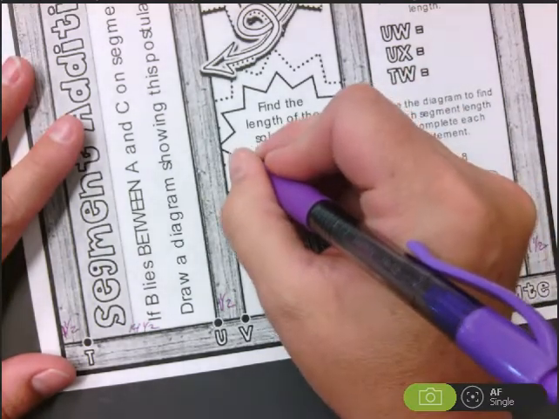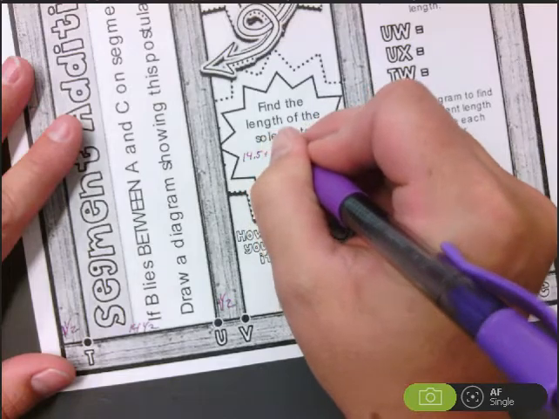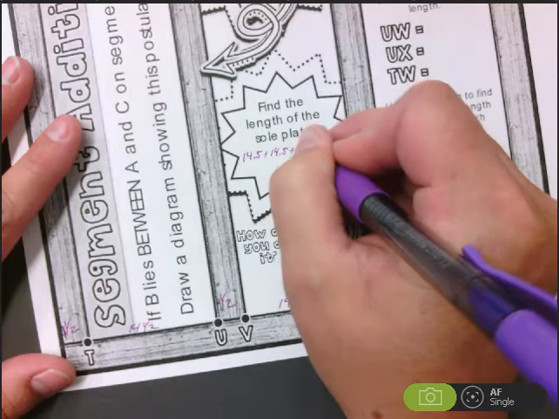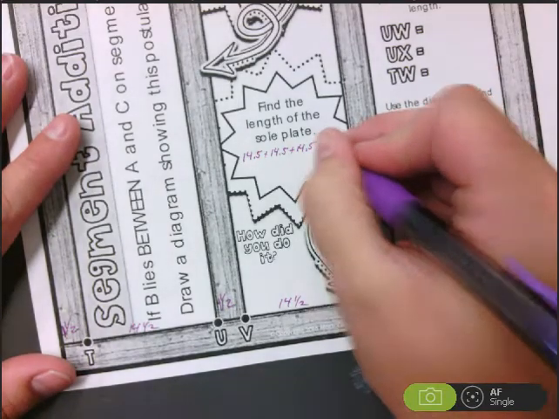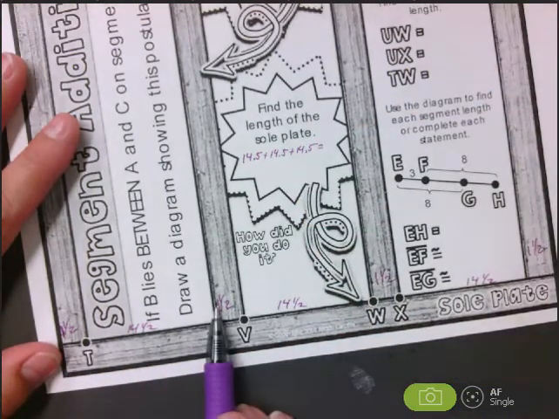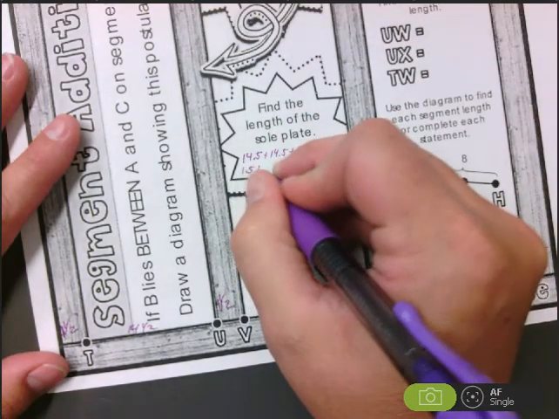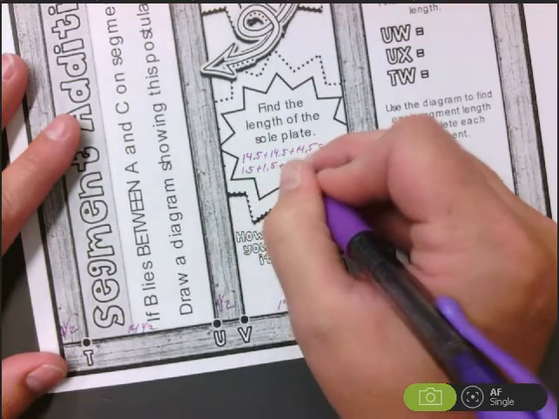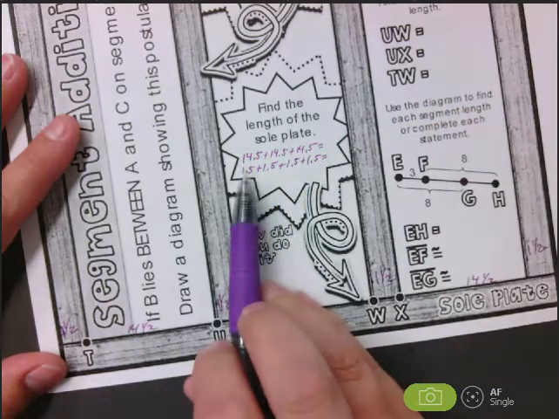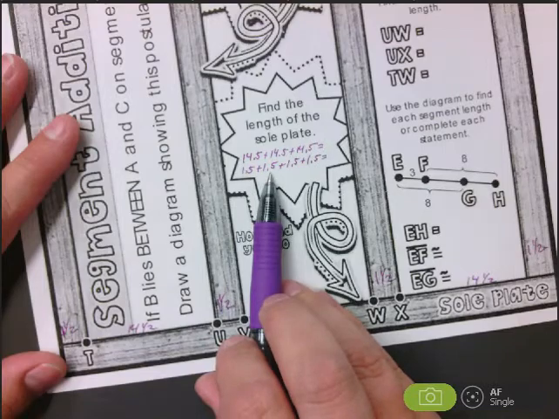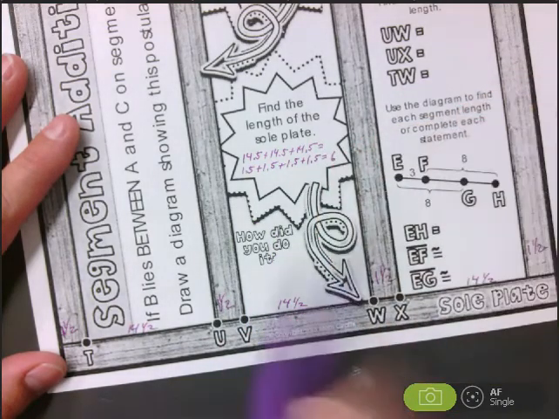So I have 14.5 plus 14.5 plus 14.5. That's all my spaces, right? 3 of them. And then I have 1, 2, 3, 4 boards. So 1.5 plus 1.5 plus 1.5 plus 1.5. Okay, so my boards, this is going to be 3, and another 3 gives me 6.